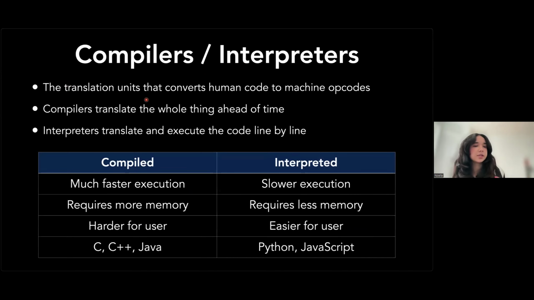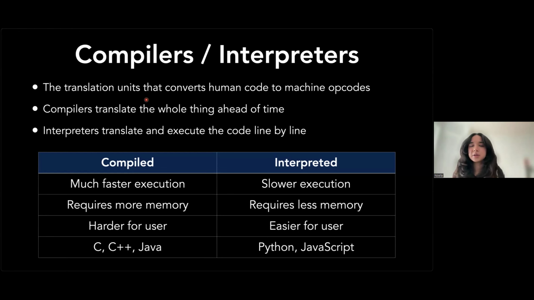The difference is compilers translate the whole code ahead of time. So they'll take the code that you write and translate the entire thing into machine code, and then it'll get executed. Whereas interpreters translate and execute the code line by line.